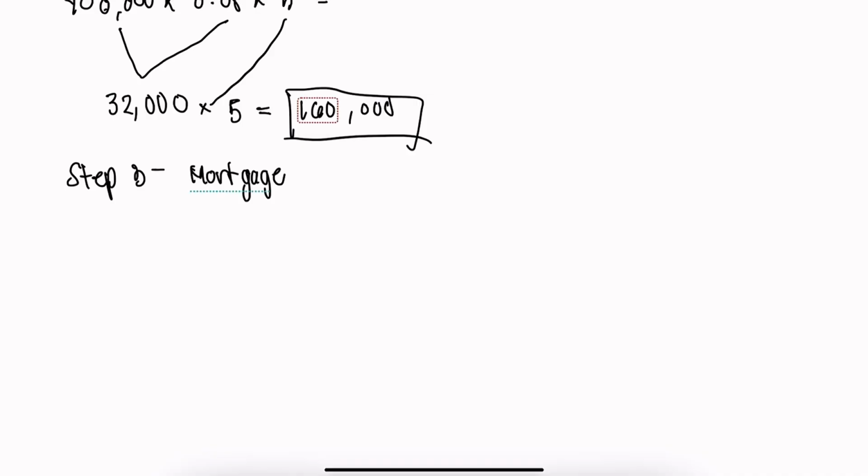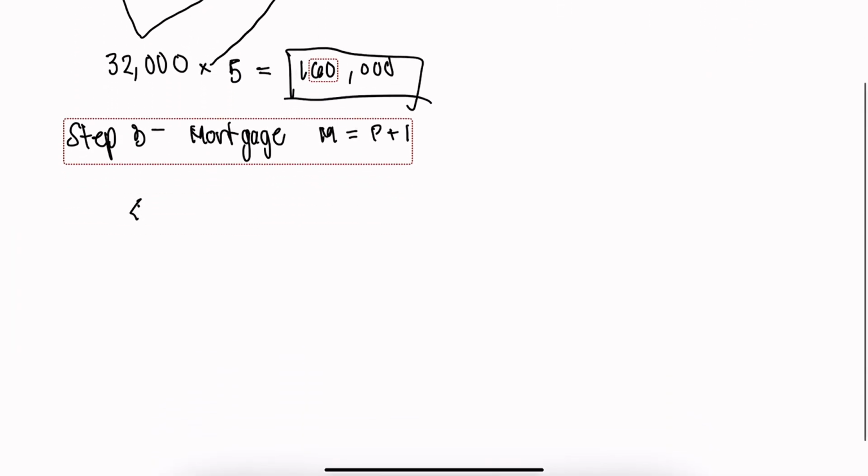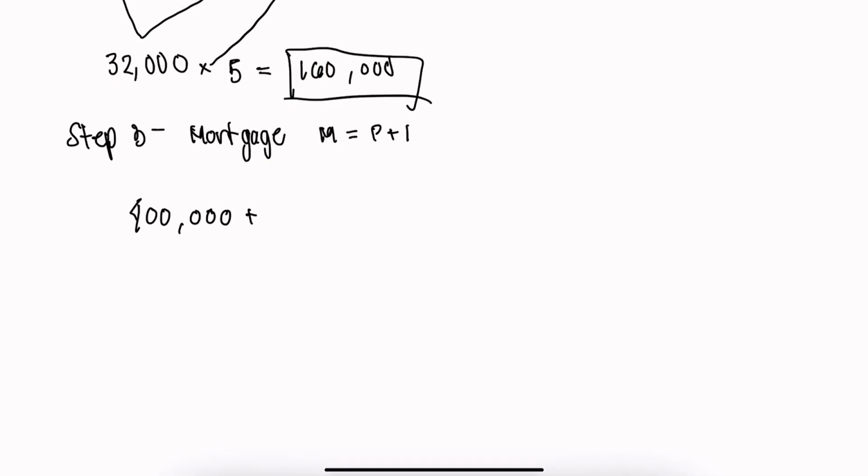The formula for finding the mortgage is M is equal to P plus I. So now let's substitute it to our formula. So our P is 400,000, then plus the value of our interest, 160,000, then it's equal to 560,000.